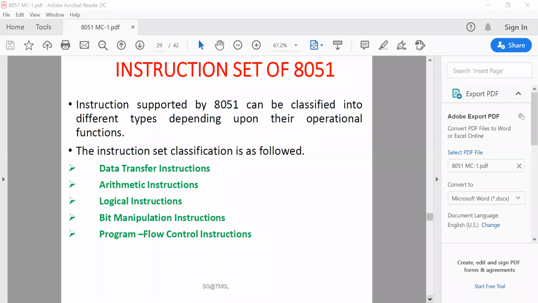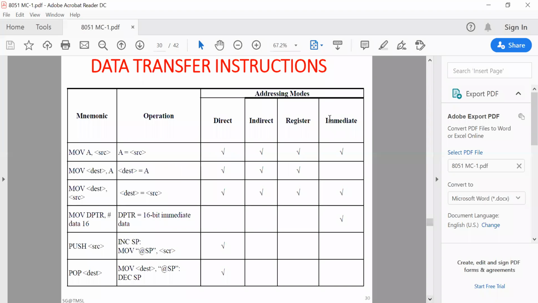Just examples. Data transfer instructions are like MOV A, any source register, like MOV A, B, or MOV A, PSW, whatever.